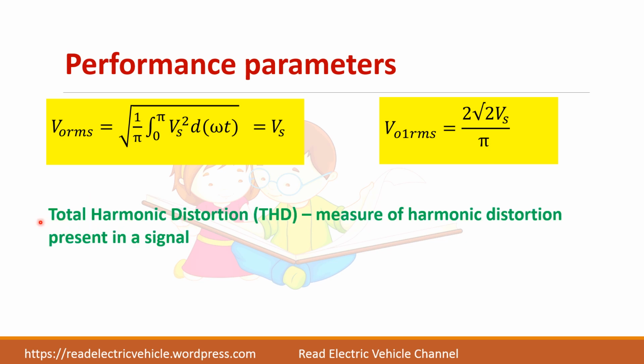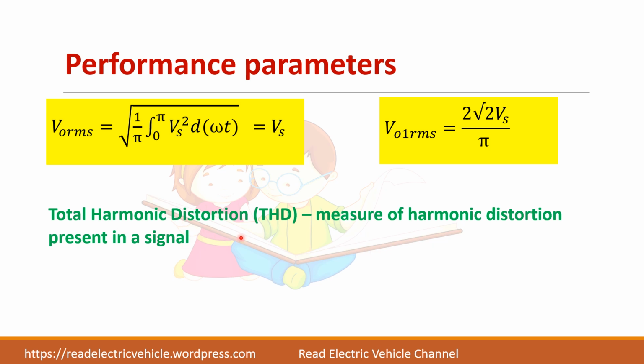So now we will find the total harmonic distortion. What for are we finding this? It helps to find the total distortion in your output waveform. We want a sinusoidal waveform, but our waveform is a square wave. So we know that our waveform is distorted, and we are going to find how much it is distorted.